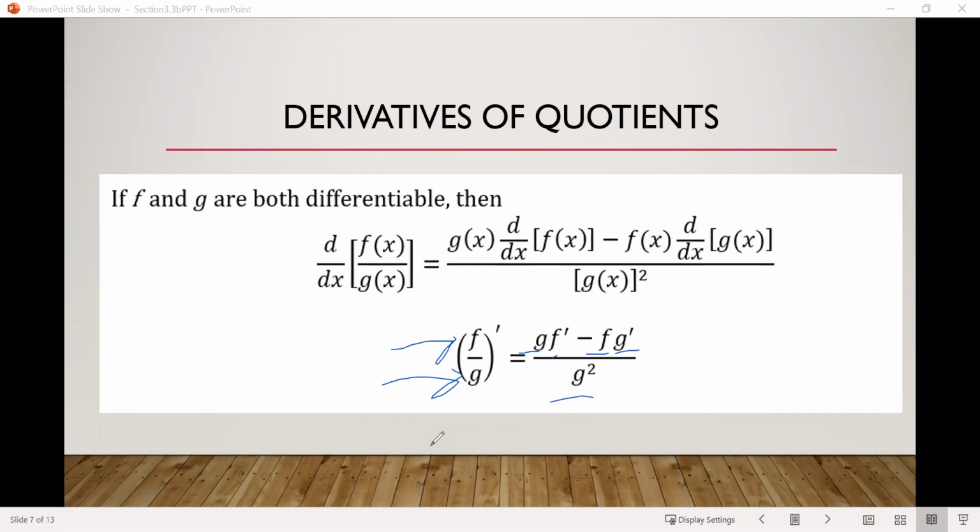So I'll say that again, low d high minus high d low, square the bottom, and there you go. So that's one way to remember it if you need help.